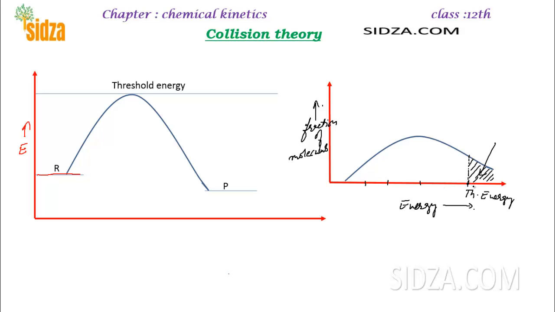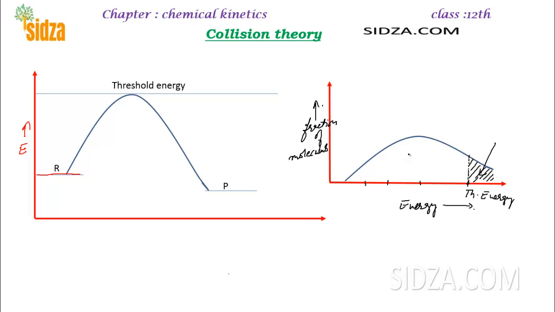Molecules possessing energy less than this threshold value, the white area that you see here, represent the number of molecules having energy less than the threshold energy. That means these molecules cannot form the product.